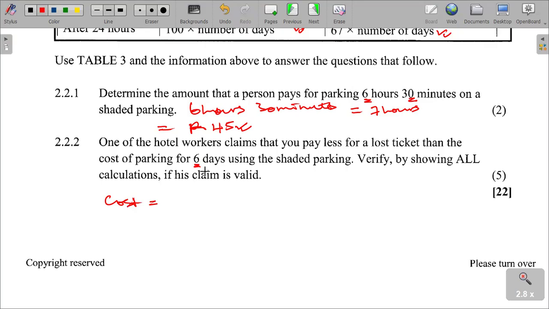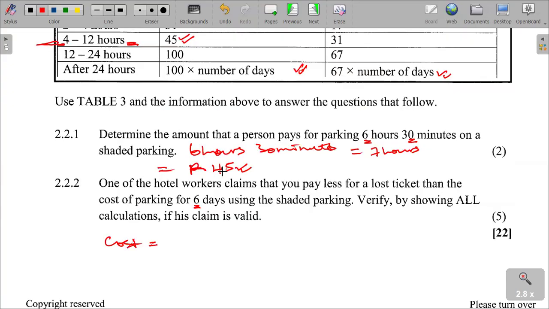We must calculate the cost for 6 days first. It is given that after 24 hours, it is 100 rand times the number of days. So this is 6 times 100, which gives us 600 rand. That is the cost for 6 days.